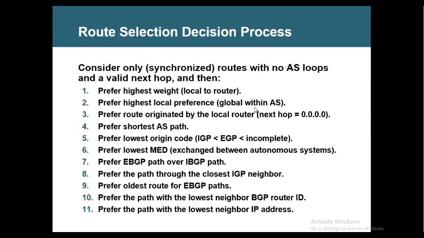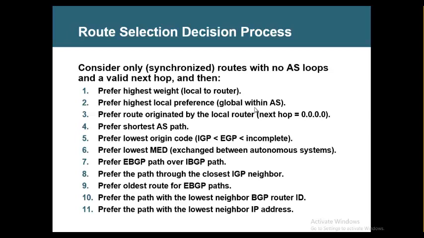In our case, origin code is same, all are I. But earlier in the beginning, when we started BGP path attribute lab, I was tuning even the origin code. Originally it was I, but I made it as incomplete by using route map.